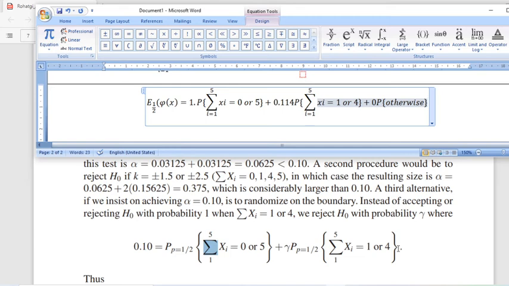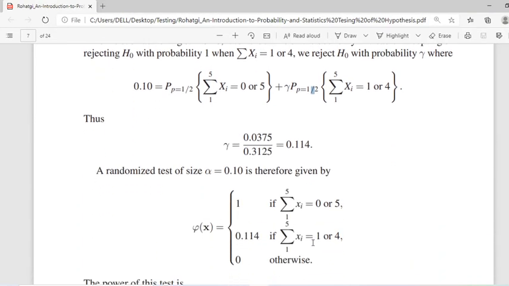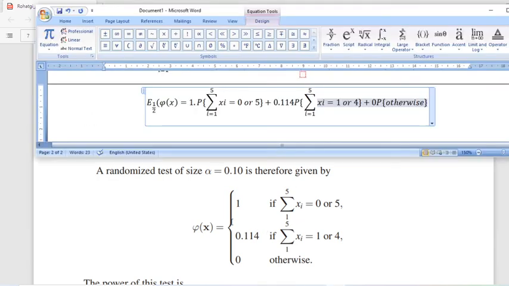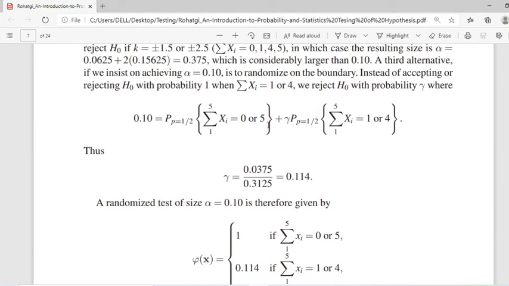Here also there is no term, since that is multiplied with 0. So using this expression we can consider phi of x as this one, because if we consider this as phi of x, the expectation will be this one, similar to the expression we obtained using this construction.